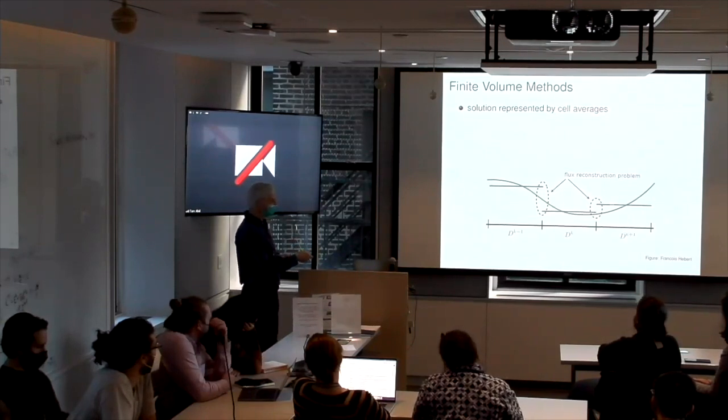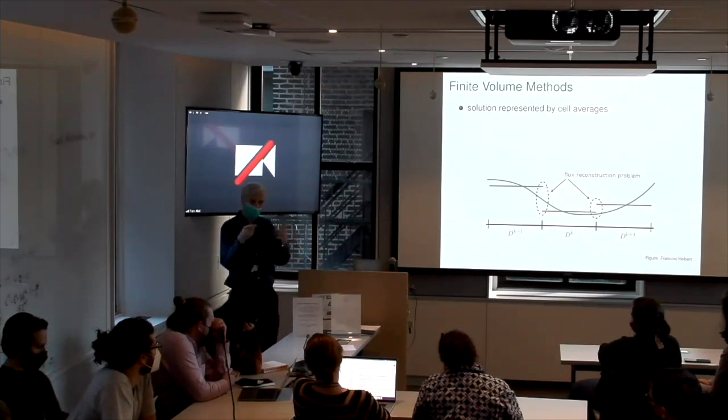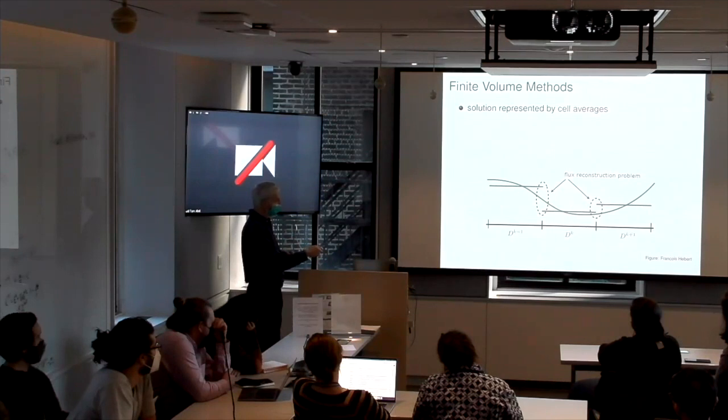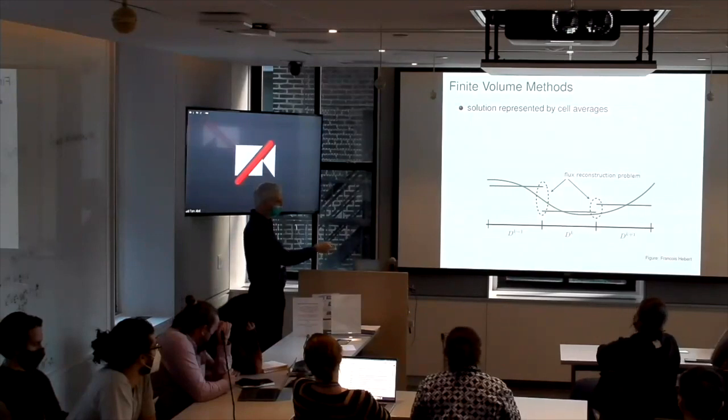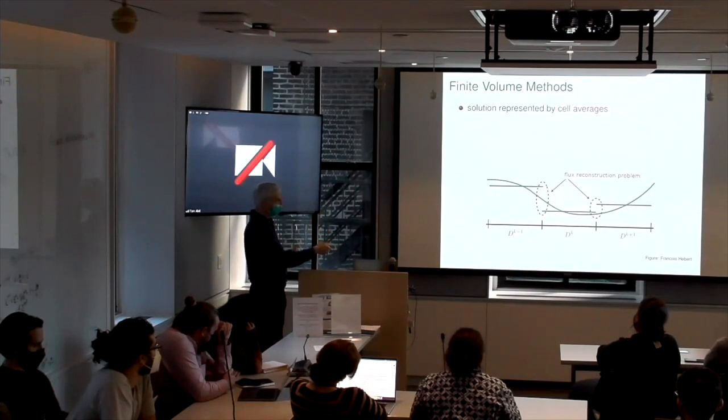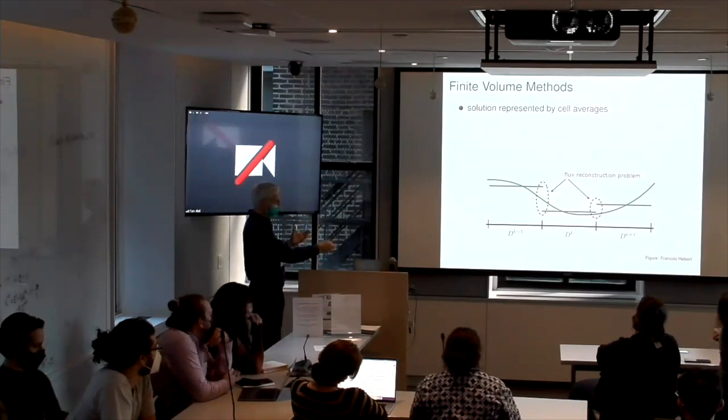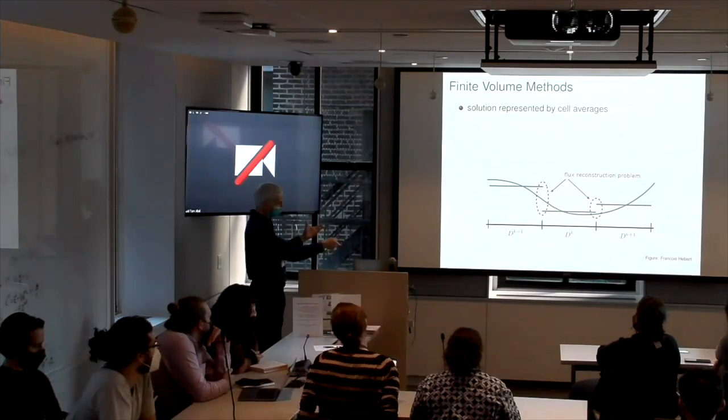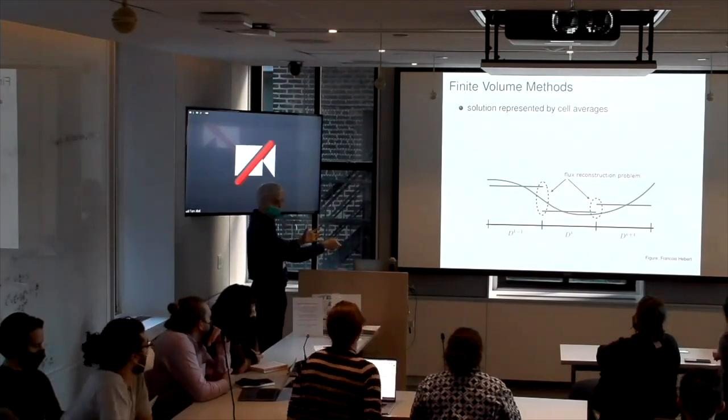But these things physically talk to each other via conservation laws. So for example, the mass in this cell can change if there's a density flux from this cell into here. The mass in here goes up. So we need a recipe, a prescription, which tells us how to update, say, the mass in this cell because of flux coming in and flux going out.